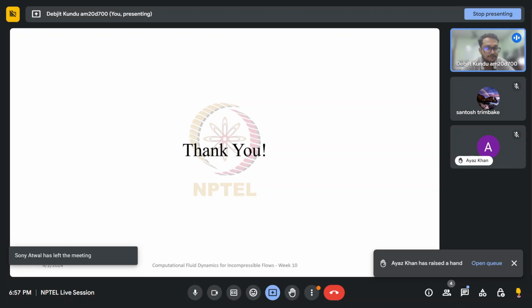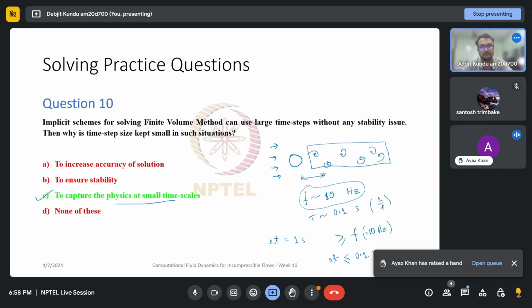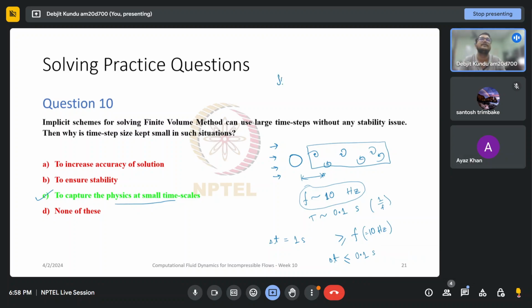Yeah, Ayaz, you have your hand raised. Sir, you just showed that frequency 0.1 and that 10 hertz. Is the Strouhal number related to these things? So the Strouhal number, if I remember correctly, is the system frequency, and basically it's the two time scales.